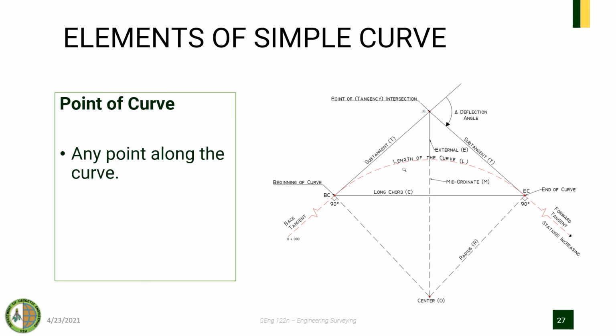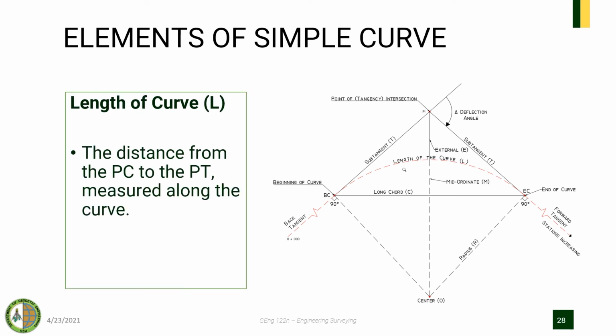We also have the point on curve, which is any point along the curve. So it could be here, here, as long as it is along the curve. Then we have the length of curve, this arc distance.